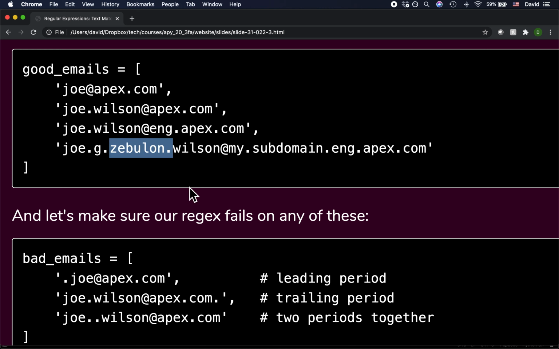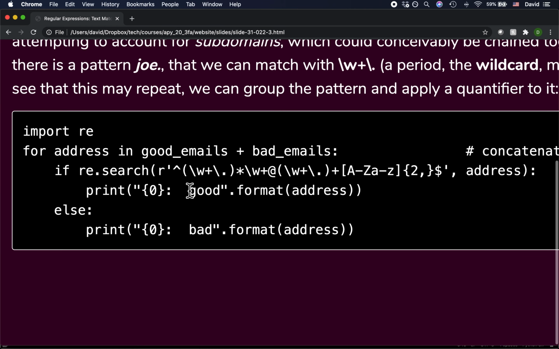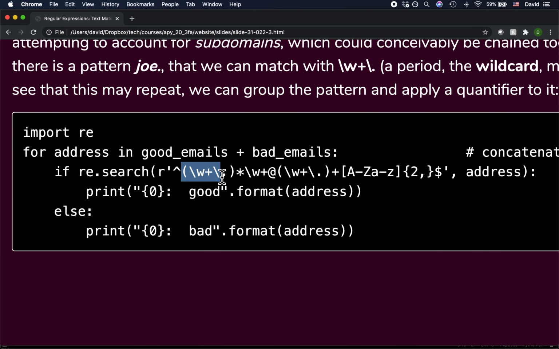So this repeating pattern can be described with a grouping that says one or more word characters, I could say letters, followed by a dot, and then saying zero or more of those.